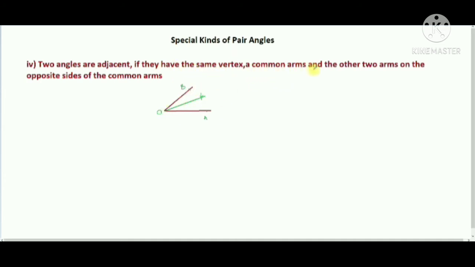Okay, this common arm makes two angles, with the opposite arms OB and OA, angle BOC and COA. So these two angles together are what? Adjacent angles. Okay, hope you understood.